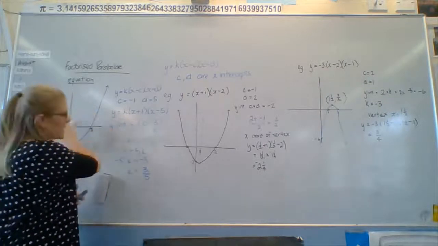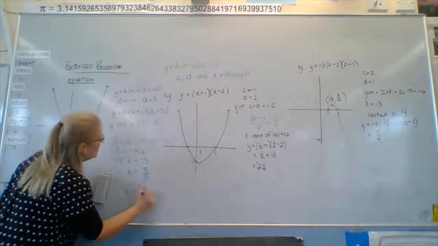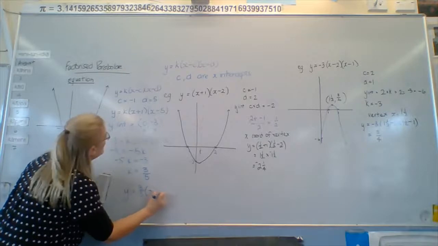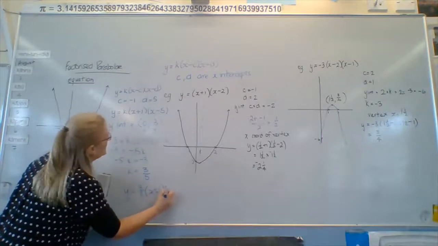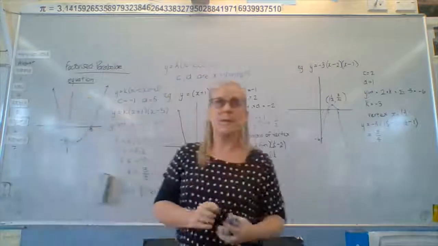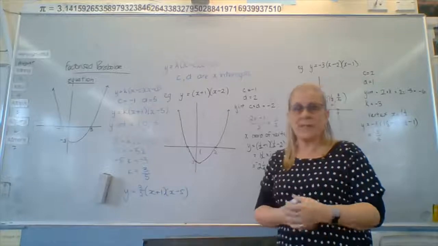So our equation to this picture here is y equals 3/5. Oh, where did we have 3/5 yesterday? Goodness. Plus 1 minus 5. Okay. Happy? Right, that's what we're going to do today.